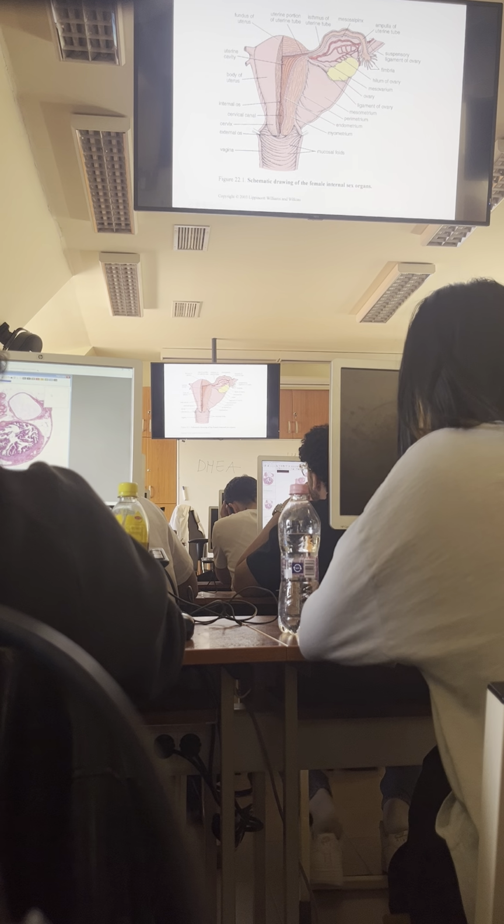Sometimes this mechanism fails and the egg cell remains in the abdominal cavity, and it may get fertilized within the abdominal cavity, because through the open end of the uterine tube, sperm cells can enter the abdominal cavity.